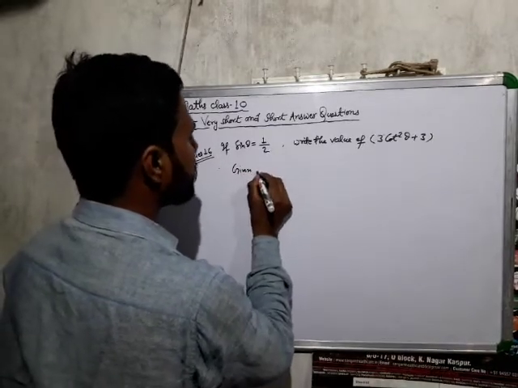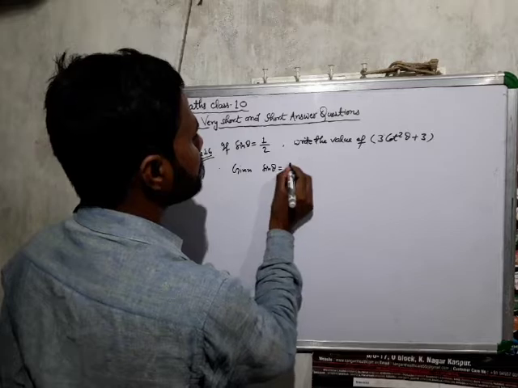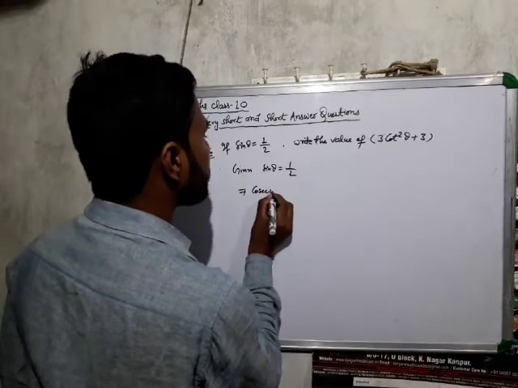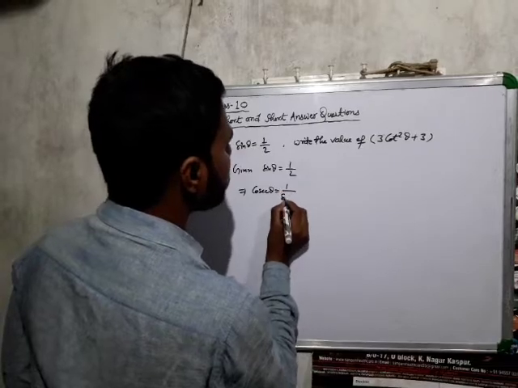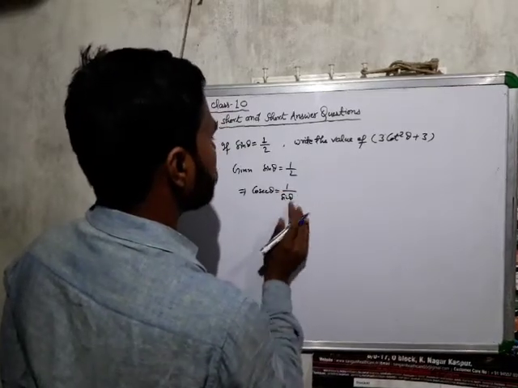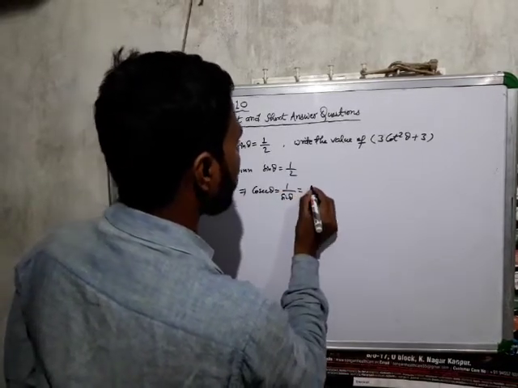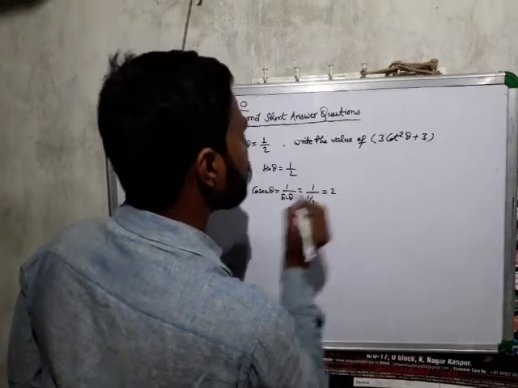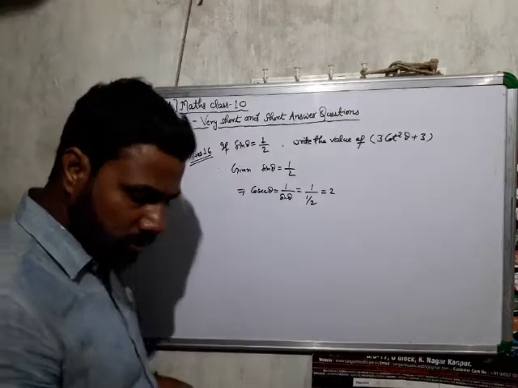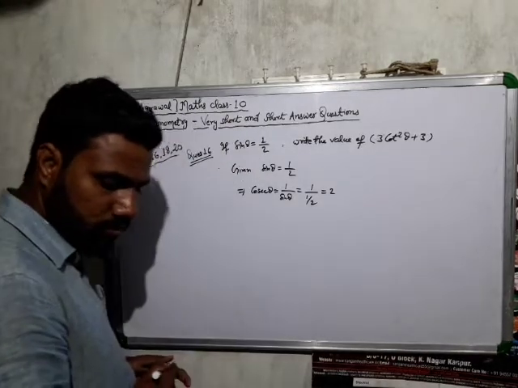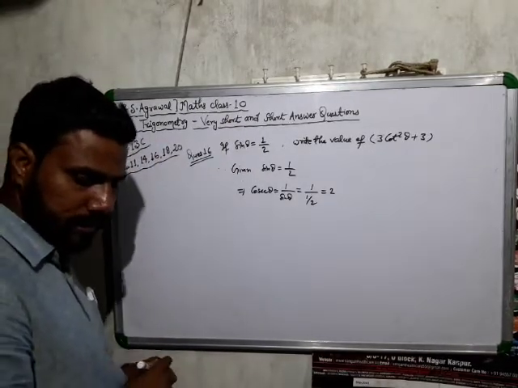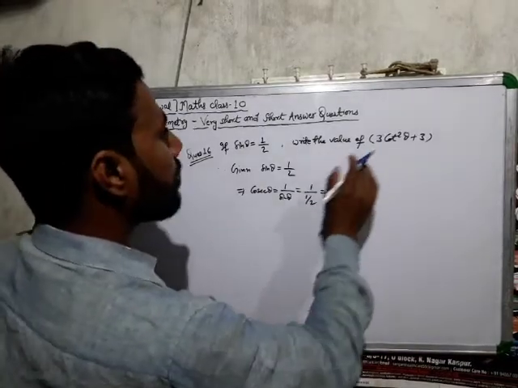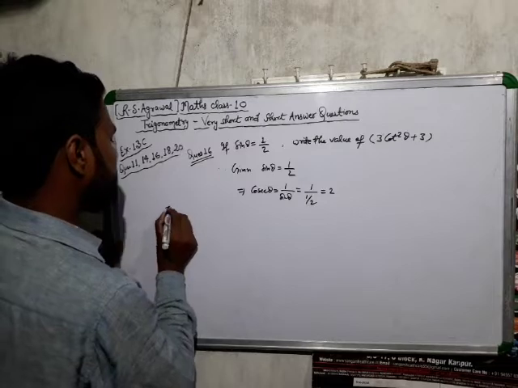Given sin theta is equal to 1 by 2, which implies that cosec theta is equal to 1 by sin theta, equal to 1 by 1 by 2, which is equal to 2. This implies cosec theta is equal to 2. Clear? Write the value of 3 cot square theta plus 3.